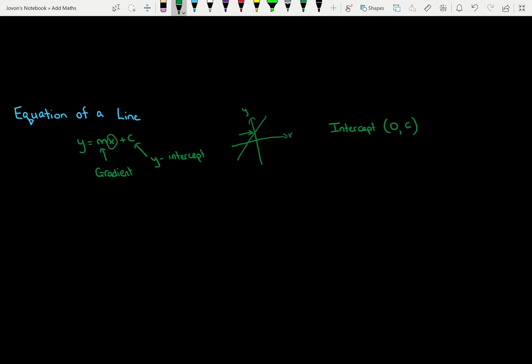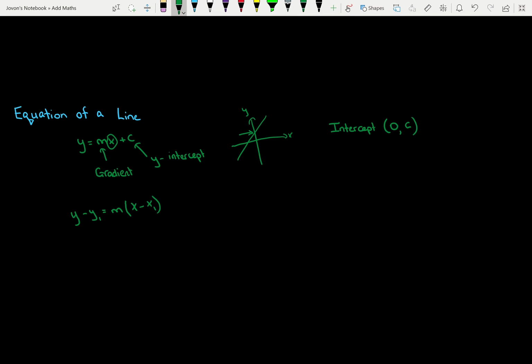Okay, now if you want to find the equation of a line, we have a simple way to do it. All we do is y minus y1 is equal to m into x minus x1. You leave y and x as they are by themselves.